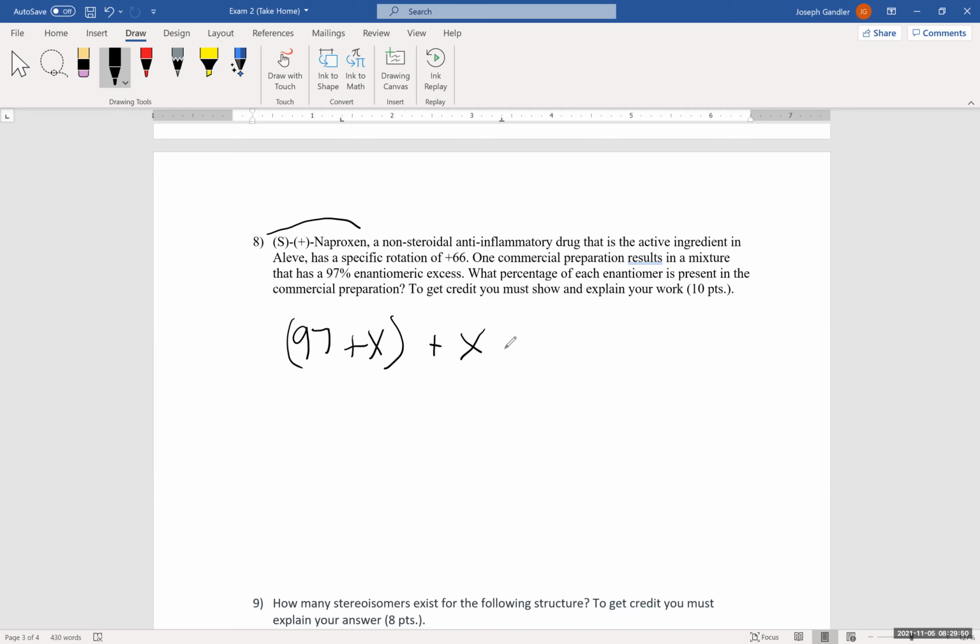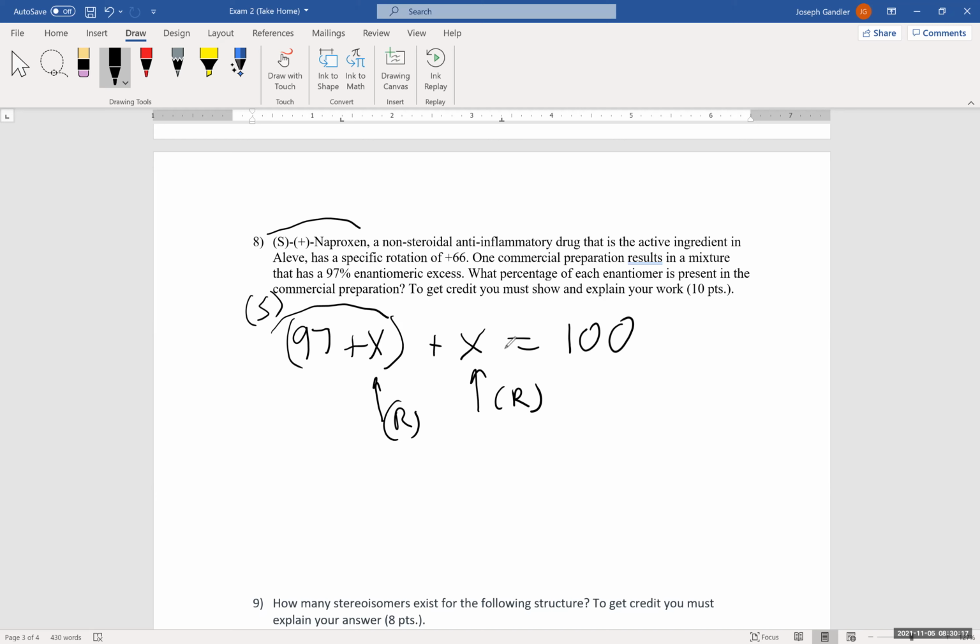That's equal to 100%, right? This is the amount of the R-naproxen, and the enantiomeric excess means we have 97% more of the S, right? So this whole term here is the amount of S-naproxen. So the S plus the R has to equal 100.